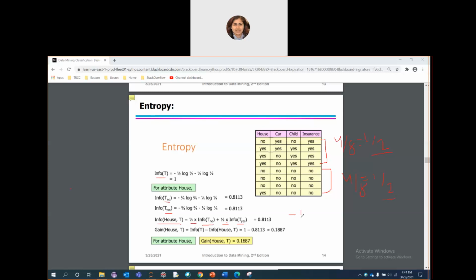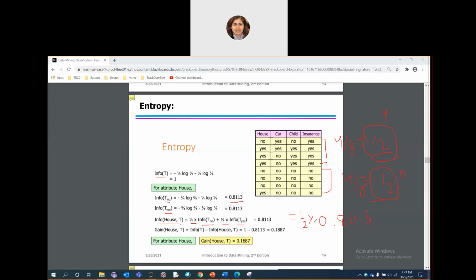And info of T no means this, let me write it here. So it is half. How we need to find out the entropy: we are first considering the entropy of T no. So what is the probability of no? So that is this one no and this one is yes. Yes probability, no probability. So info of T no is how much we got, that is this one, 0.8113.